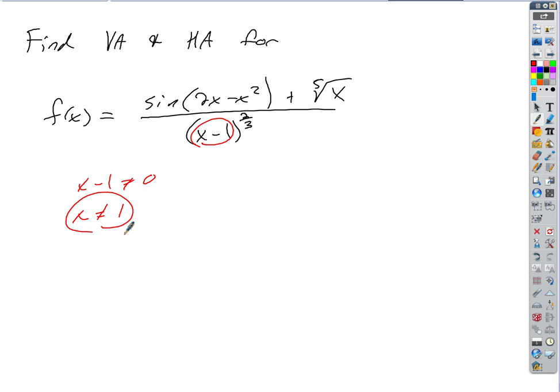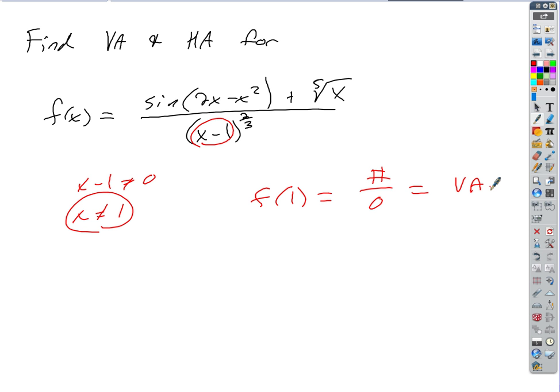When x is 1, right? And that's not a 0 at the top, is it? If I plug in 1 at the top, I'm going to get some number other than 0, right? And so that's a vertical asymptote. F of 1 is equal to some number divided by 0, which is a vertical asymptote.